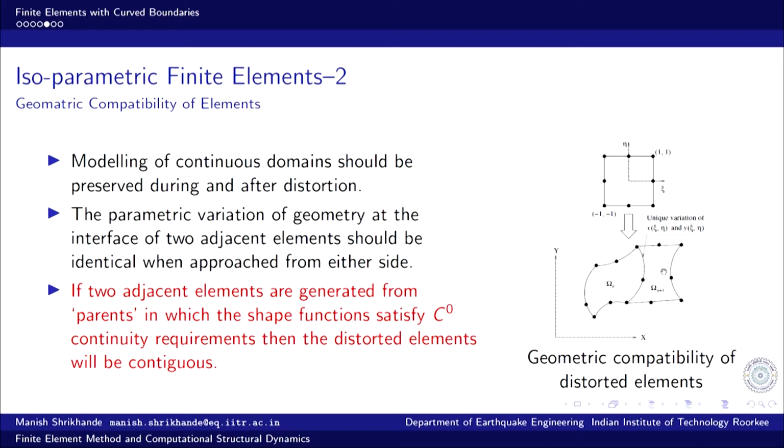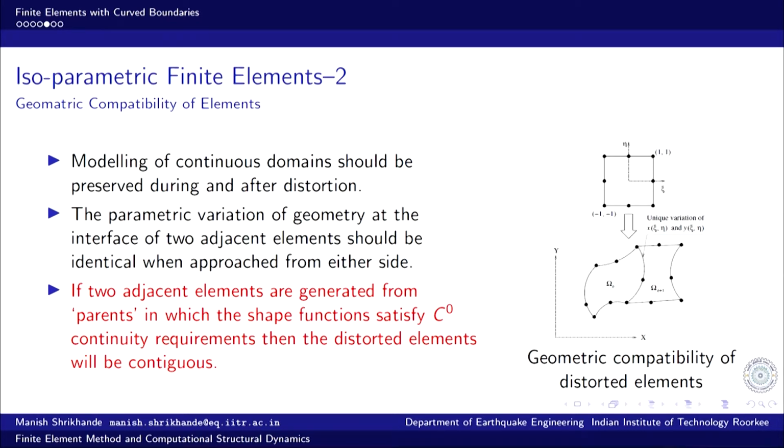So, 3 nodes are sufficient to give quadratic variation with respect to eta, and similarly for any of the nodes on this edge, where eta is equal to 1, it will be quadratic in xi. Again, 3 nodes are enough to define the quadratic variation with respect to xi.